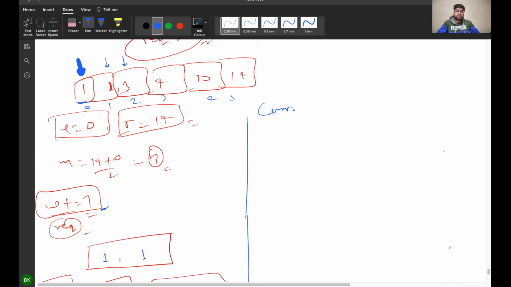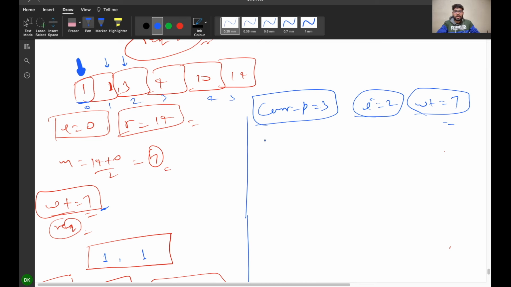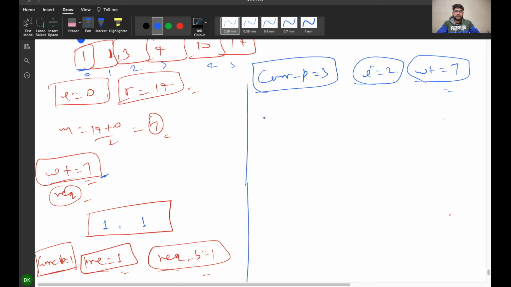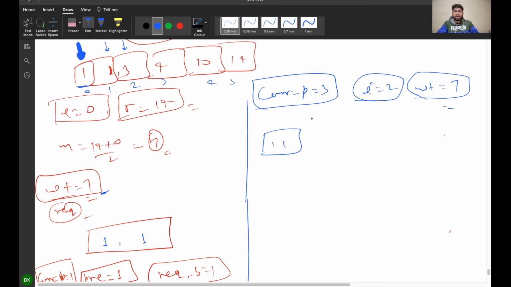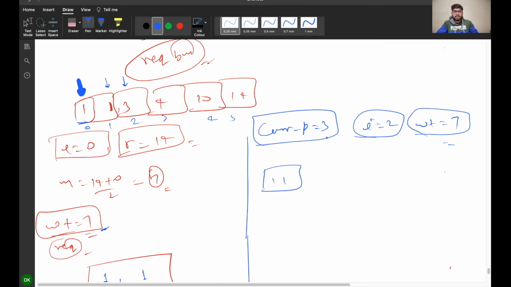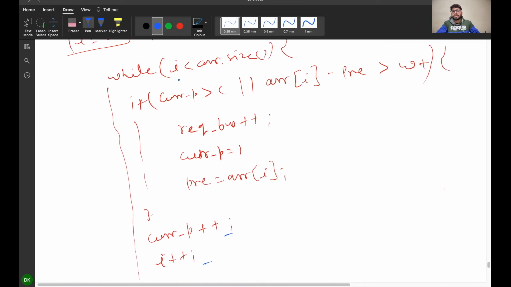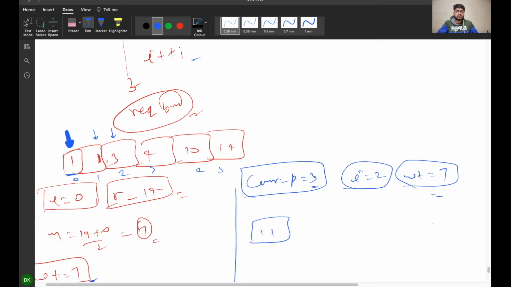My current person is 3, my I is at 2, and my waiting time is 7. Okay. And initially I just fill this bus 1, 1. So my current person is 3, then this satisfies this condition. Current person is greater than capacity. So I require a new bus.